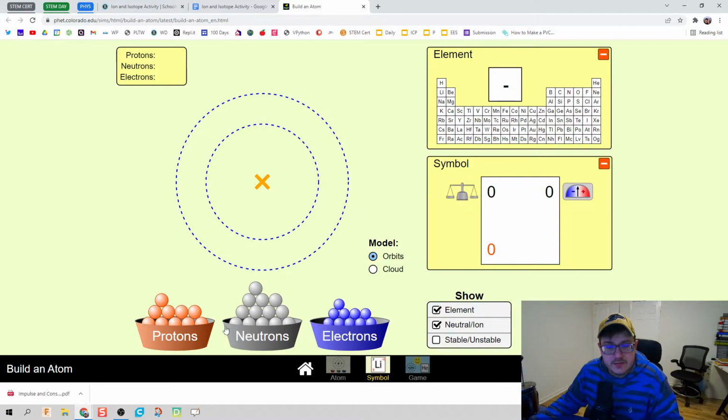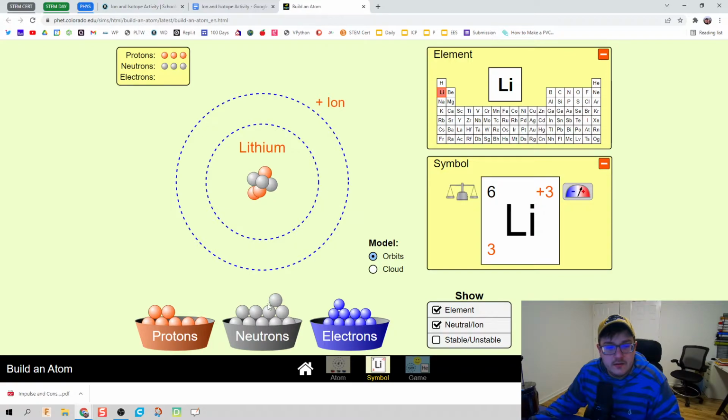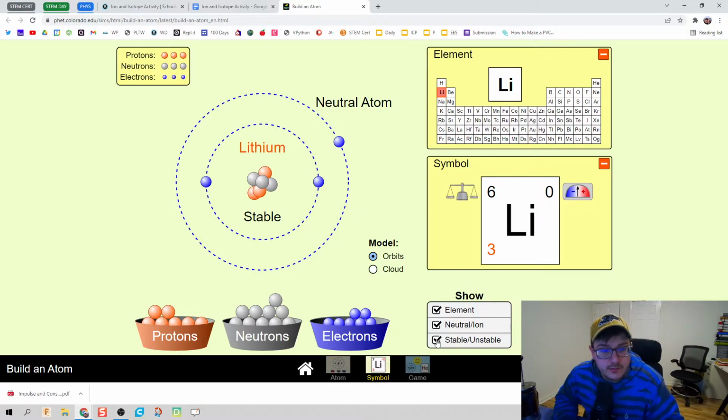All right. First example is we're going to rebuild the lithium we had earlier. So we had lithium, 3 protons, 3 neutrons, and 3 electrons. Now the numbers are not always going to be the same, because usually somebody's like, well, if the first number's 3, then the rest of them are 3. That's not always the case.